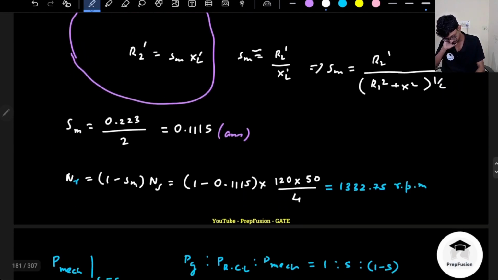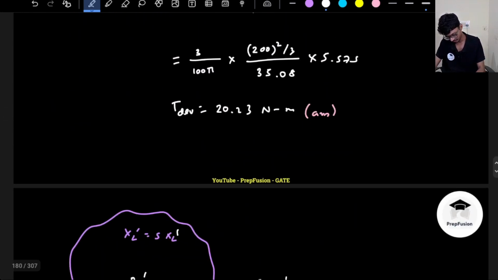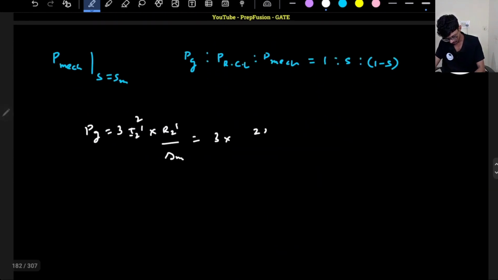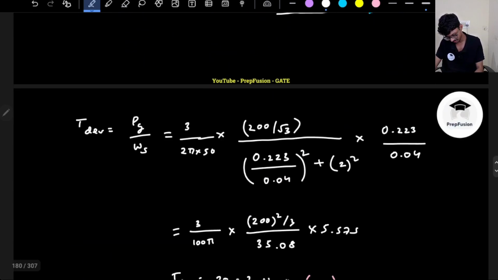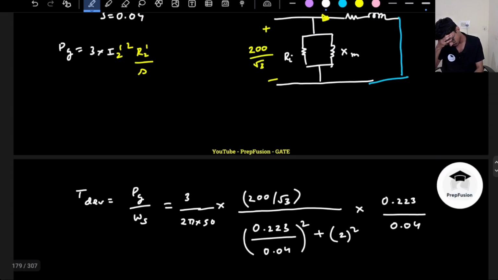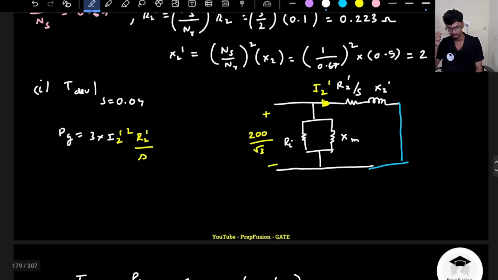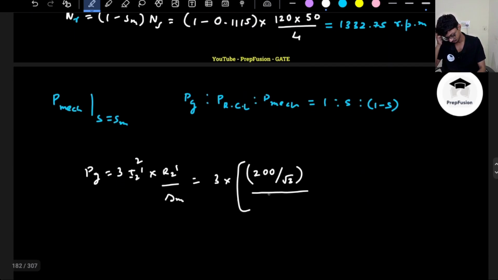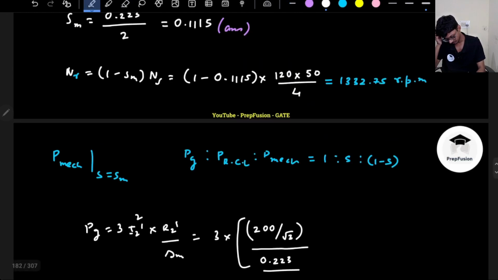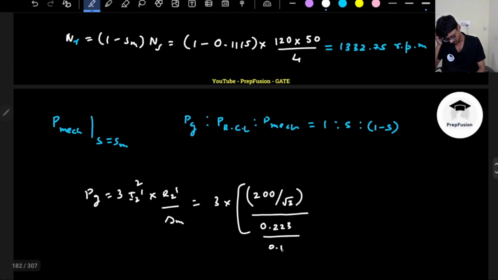V is 200 divided by root 3, whole square, divided by, because there is no stator resistance and only rotor resistance is there, 0.223 divided by the slip, the maximum slip, 0.1115. So that is the maximum slip basically.